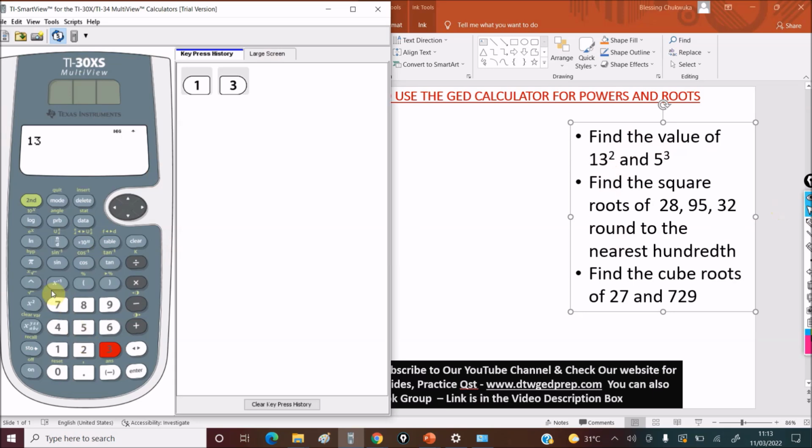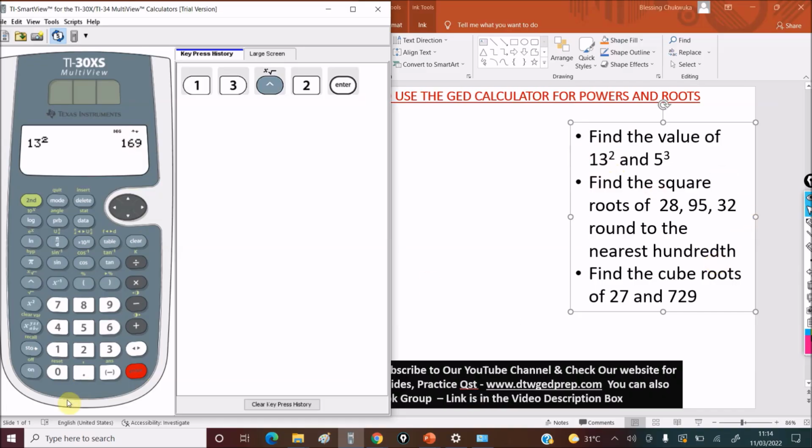So you first put the number 13, then you come here, this arrow upwards, this is what you click. It appears that way. Then what is the exponent, the power that you are raising by? It is 2. You press enter, and it gives you your answer of 169. So 13 squared is 169.